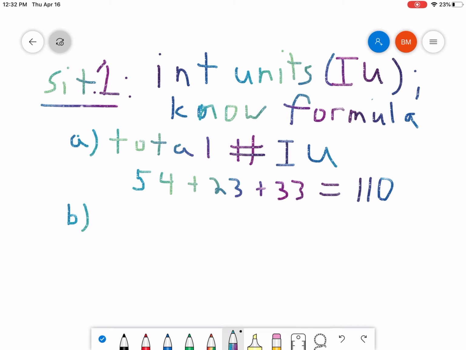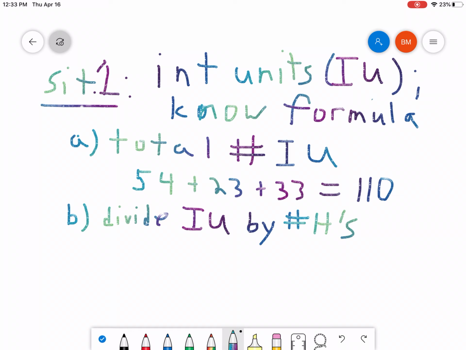Next step, you divide the total number of integration units by the total number of protons.